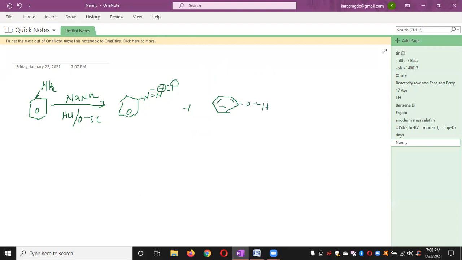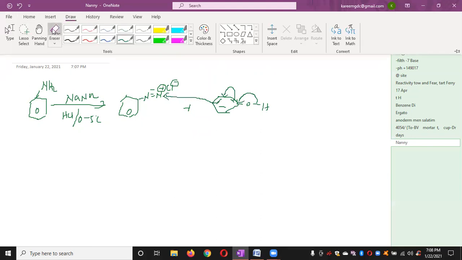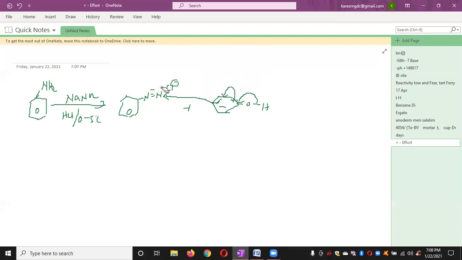So what happens here? This double bond shifts here, then this bond shifts here, then this bond attacks here. Now if a positive charge is present on this nitrogen atom, what happens?